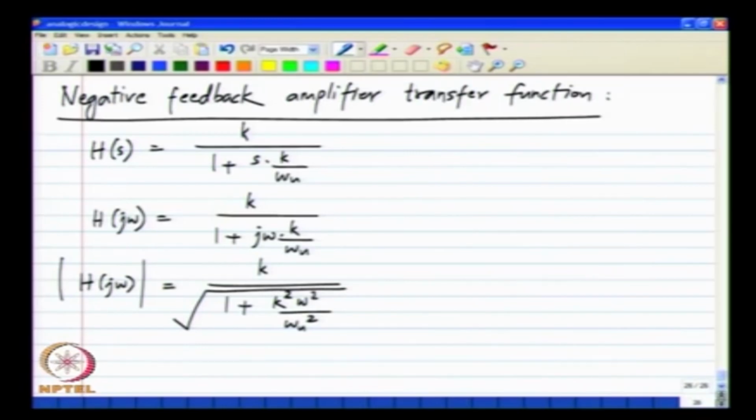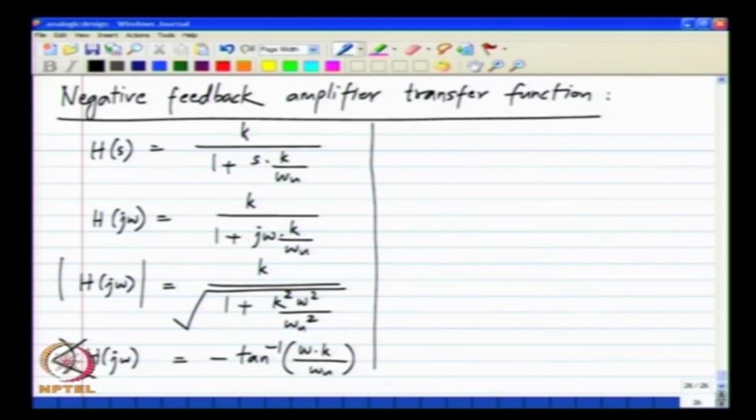I have simply taken the magnitude of the complex denominator, and the angle of H is given by minus tan inverse. And from this we can draw the Bode plot.